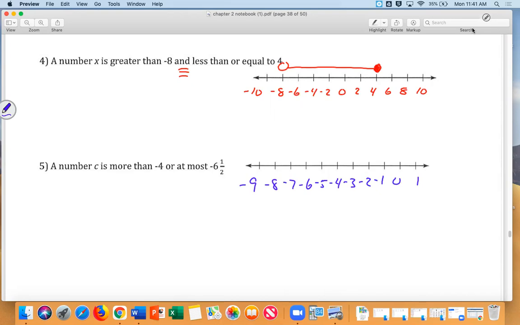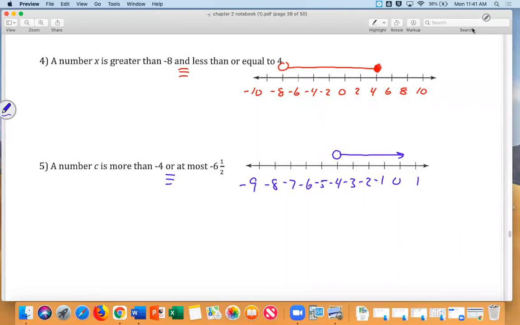So I need to figure out, is it an and or an or? So it says a number C is more than -4, or, so that means they're going to be shading away from each other. So is more than, okay, so it's just an open circle. More than, that's to the right, or at most.